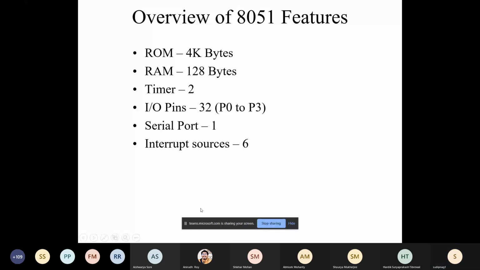Even USB is a serial port, but here by serial port we mean only the UART port. There are again modern 8051 microcontrollers which offer USB and other types of serial ports.